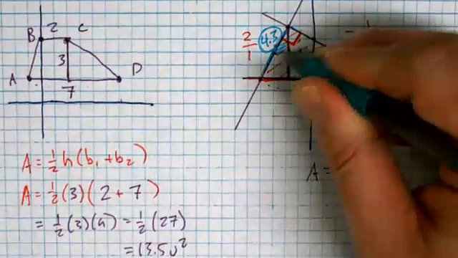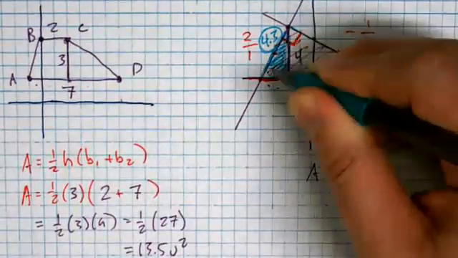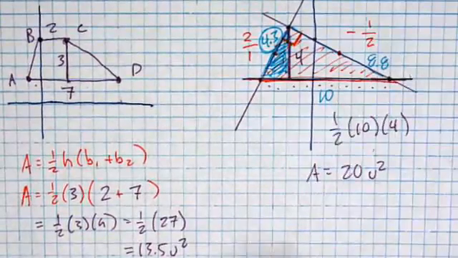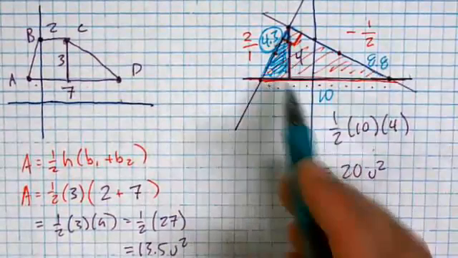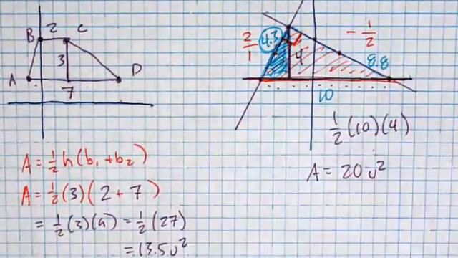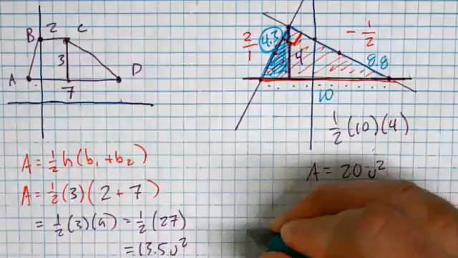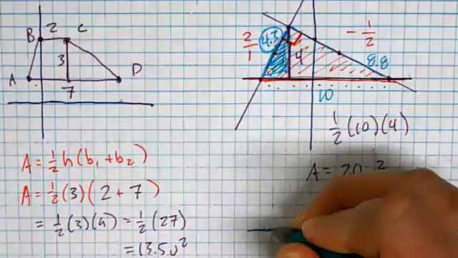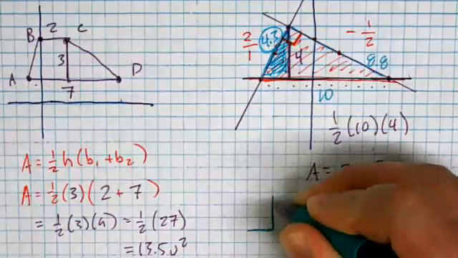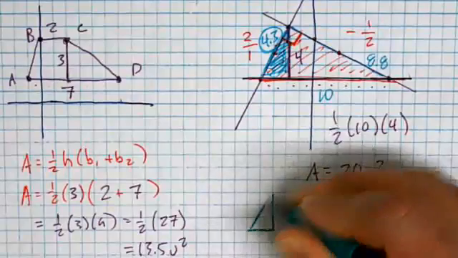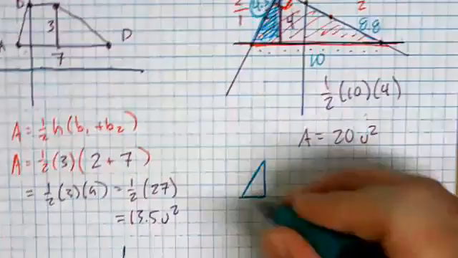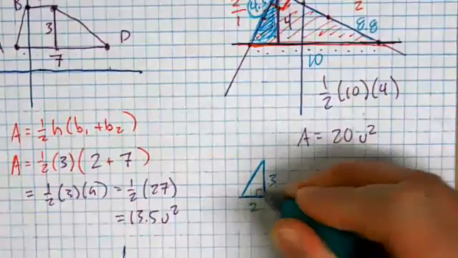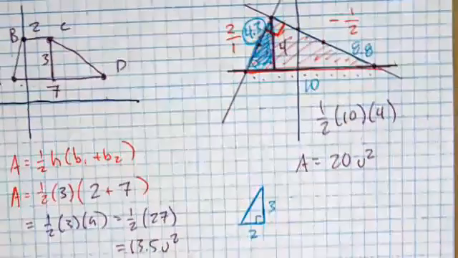I'd like you to redraw just this little triangle sliver right here. If you're doing it on grid paper, try to get it the right size. If not, just label how big it is. I noticed that it's 2 units long and 3 units tall. And it is a right triangle, correct?